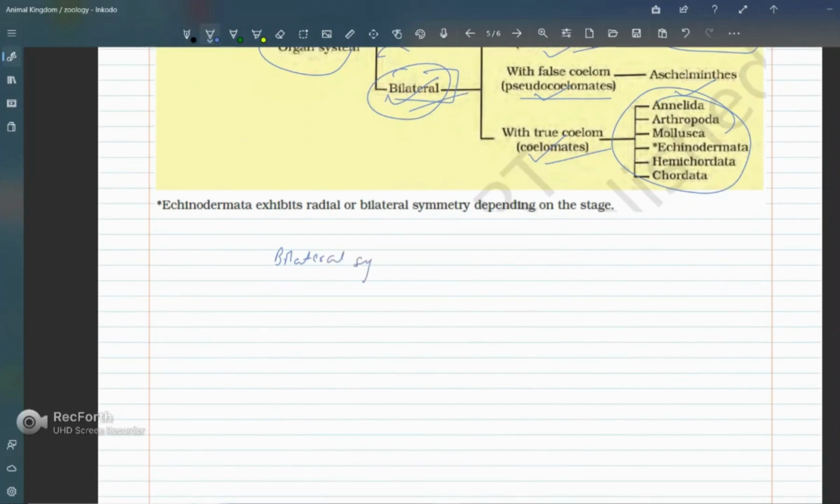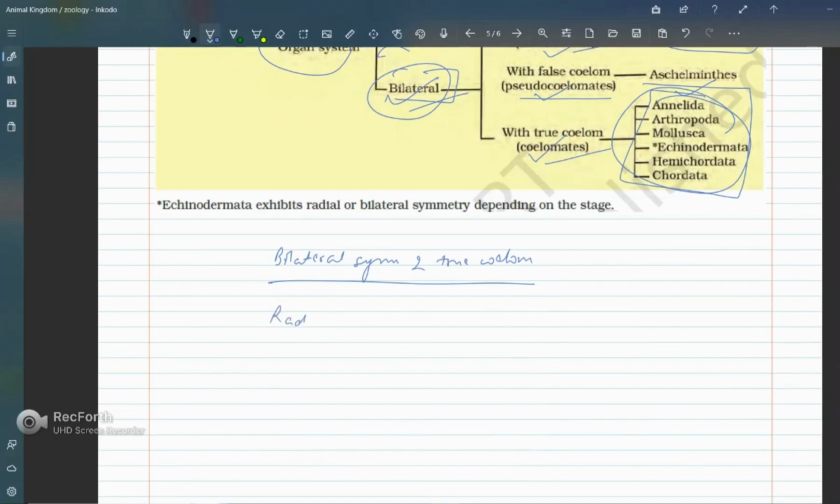For example, if I ask you bilateral symmetry and true coelom, if you see this in a question, automatically you should think of these groups, that the organism in question should belong to one of these groups.